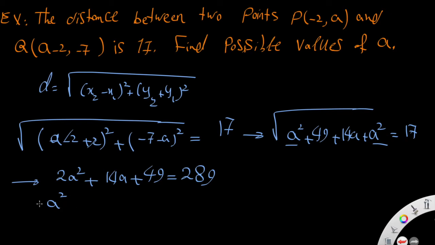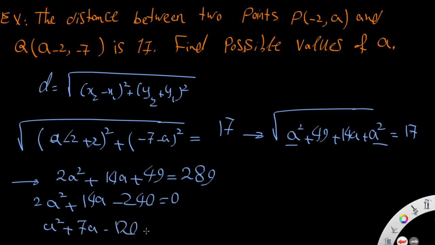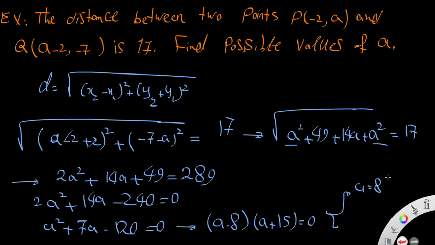It will be 2a squared plus 14a minus 240 is equal to 0, which simplifies to a squared plus 7a minus 120 is equal to 0. So it will be (a minus 8) times (a plus 15) is equal to 0. It gives you a is equal to 8 and a is equal to negative 15 as the second answer.